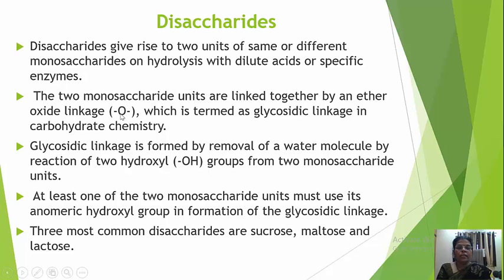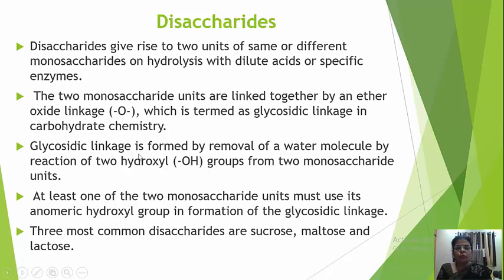We know that in ether there is the presence of O linkage. The same O linkage, or ether oxide linkage, is present in the disaccharides, and it is termed the glycosidic linkage. This linkage is known as glycosidic linkage in carbohydrate chemistry.